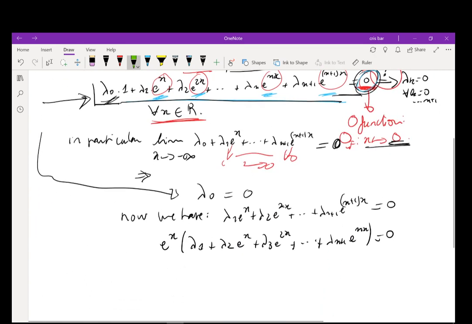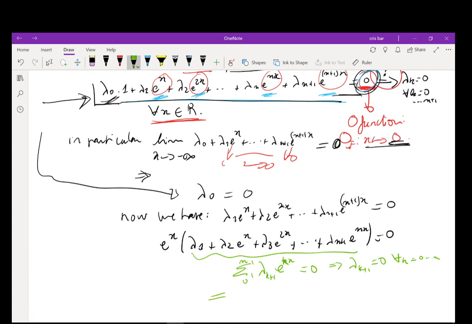All right? And actually, this is exactly what we have, right? We have that the sum from 0 to n of those coefficients times e of kx is equal to 0. The lambda we have in front is just lambda k plus 1. So from the induction hypothesis, that implies that lambda k plus 1 is equal to 0 for all k from 0 to n.